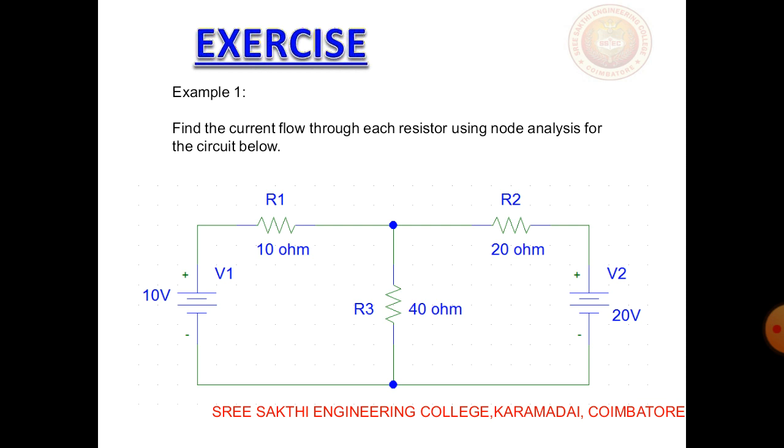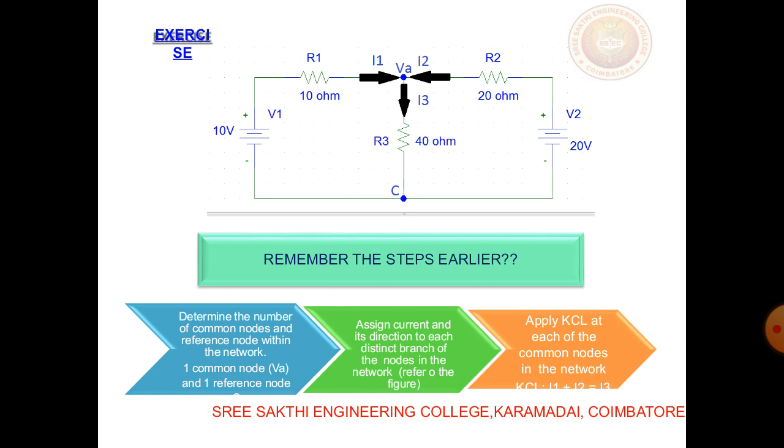This is your given circuit. You have to find the current flow through each resistor using nodal analysis. Here only one node is there, VA. I1 is the current moving towards the node, I2 is also moving towards it, and I3 is moving outside.